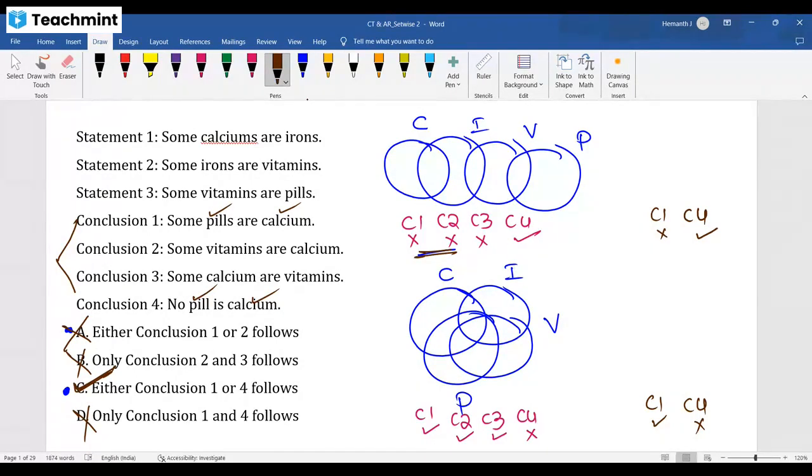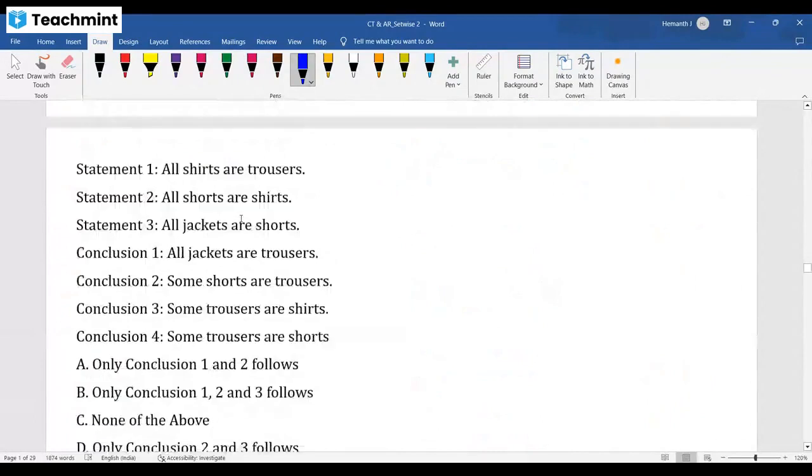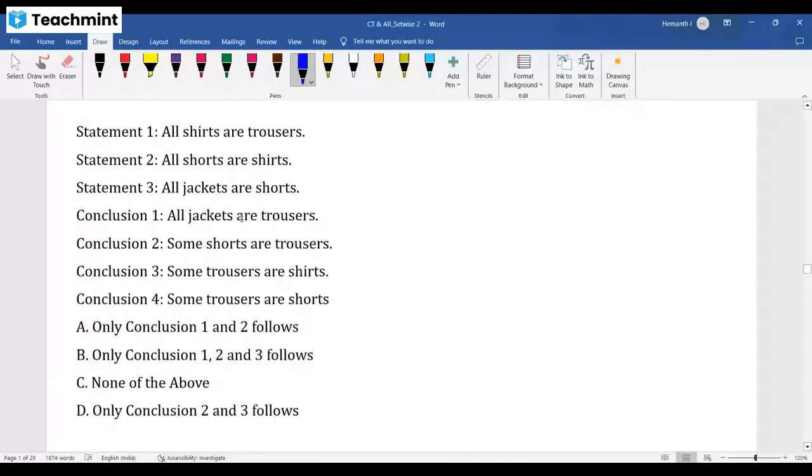So either 1 or 4 follows. It's not only about that, the diagram should support it. When the first one is true, the fourth one is false. When the fourth one is true, the first one is false. Either or is very, very important. Now again syllogisms, and the lucky thing is there is nothing called either or.